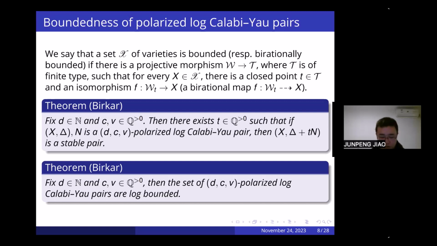And for pairs, we can also define log bounded. Log bounded is where we add a boundary here, W_D, and this isomorphism is an isomorphism of log pairs.